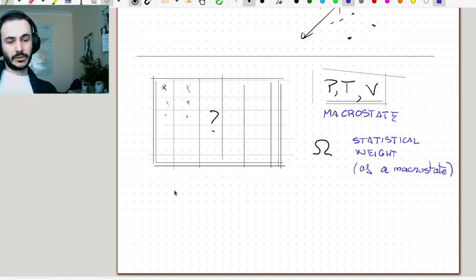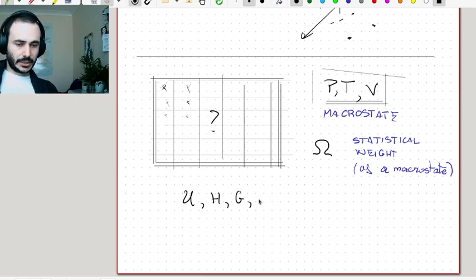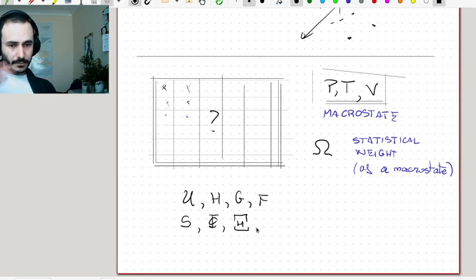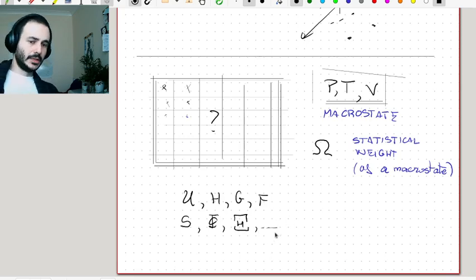I could also infer from macroscopic measurements, indirectly, all the other thermodynamic properties that we know, like internal energy, or enthalpy, or the Gibbs potential, free energy, even the entropy or the entropic potential, all of the things that we have learned in the pure thermodynamics parts of the module.